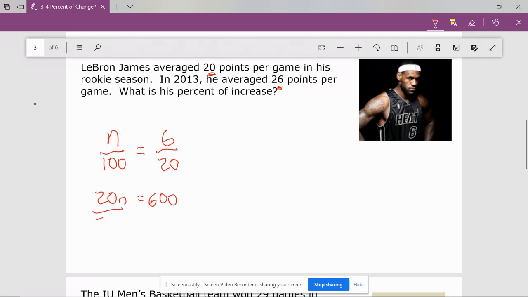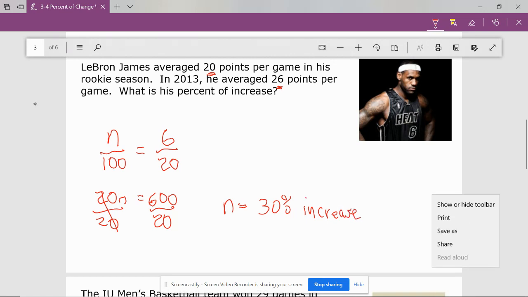Then we divide both sides by 20, and n is equal to 30%. It's asking what is his percent of increase, so our answer is a 30% increase.